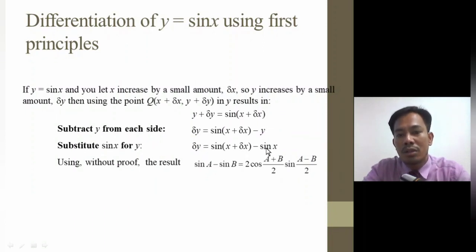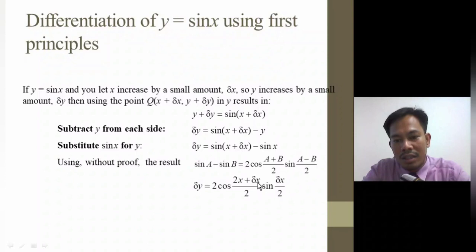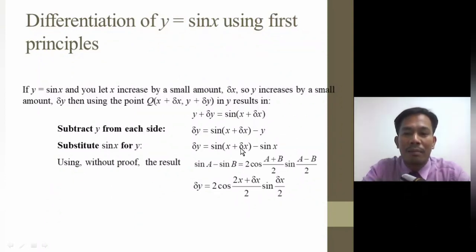If we substitute, x plus increment of x plus x is 2x plus increment of x, and x plus increment of x minus x leaves increment of x over 2. Remember, it should be cosine and then sine. It's different from cosine A minus cosine B.